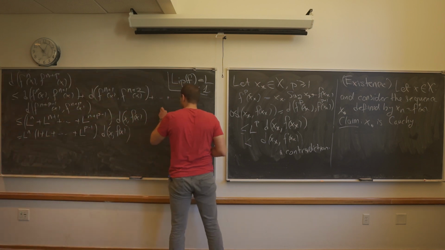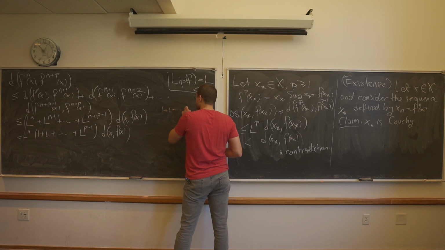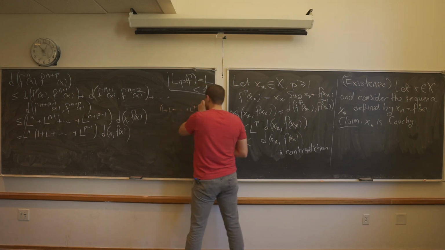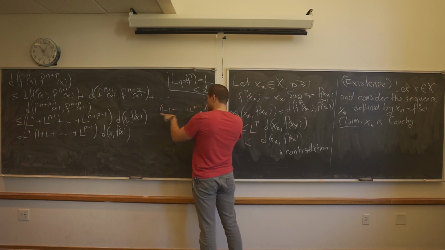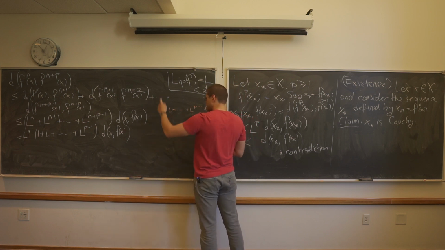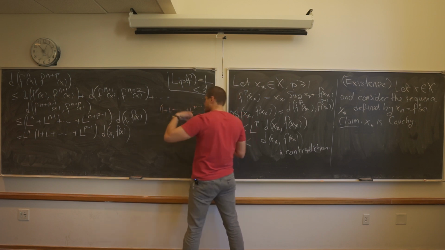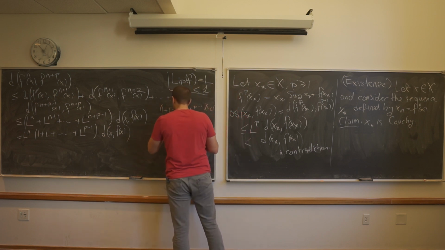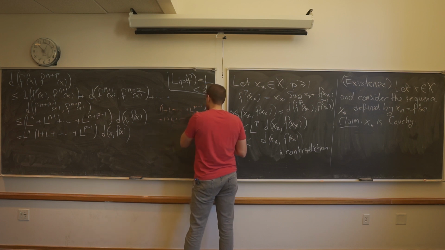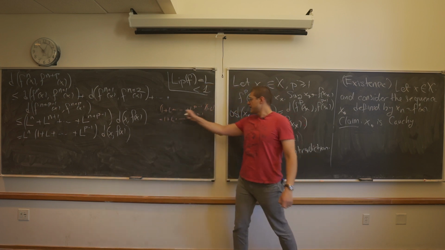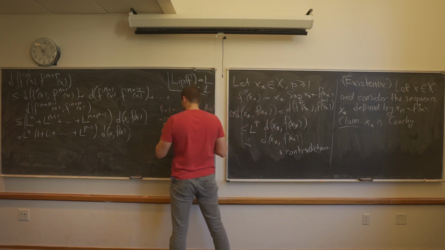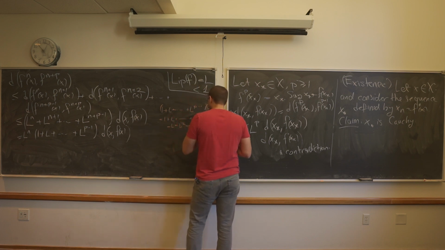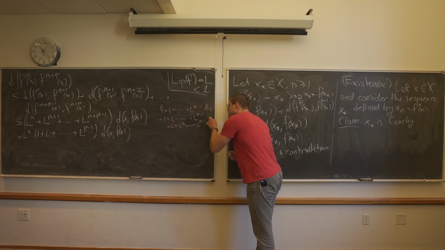Start with this, and then you multiply it by 1 minus L. So this gives you a copy of this minus a copy with the exponents increased by 1. So minus L, minus L squared, and so on, minus L to the p minus 1, and then at the end you're going to have minus L to the p.